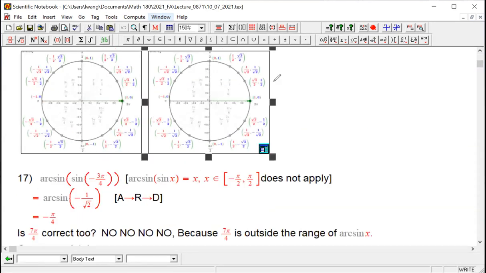For the range of ArcSine, you can only measure counterclockwise and only up here. No more, no further. Don't go further. That's the no-flight zone.